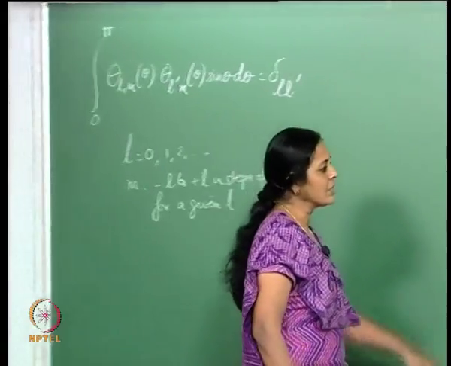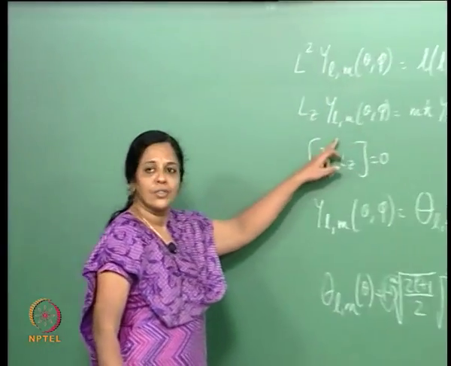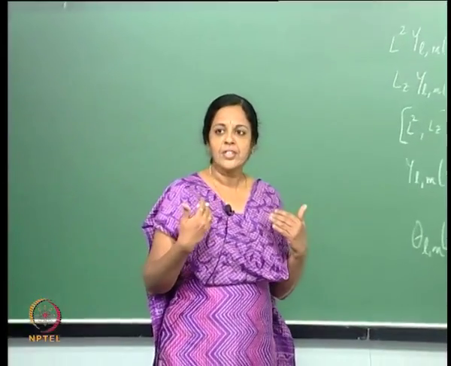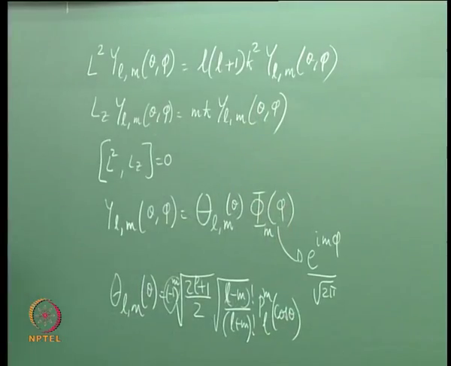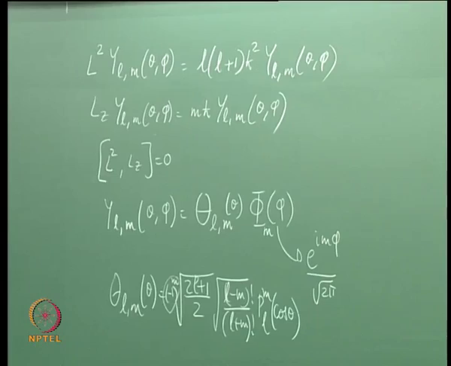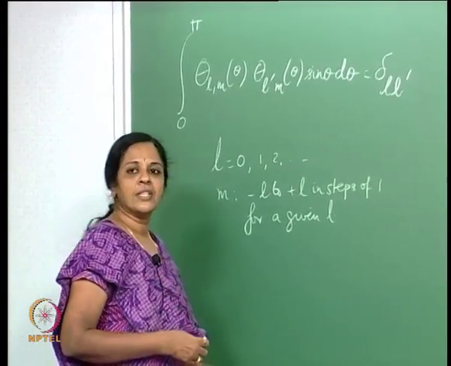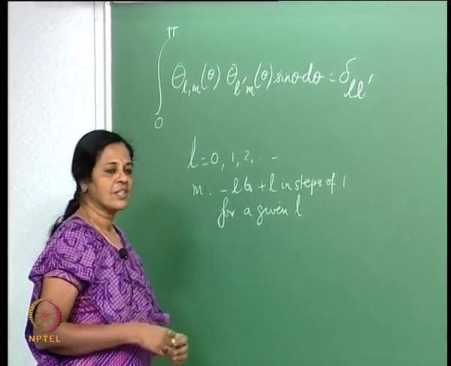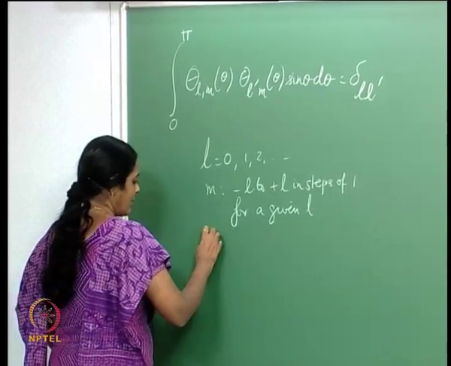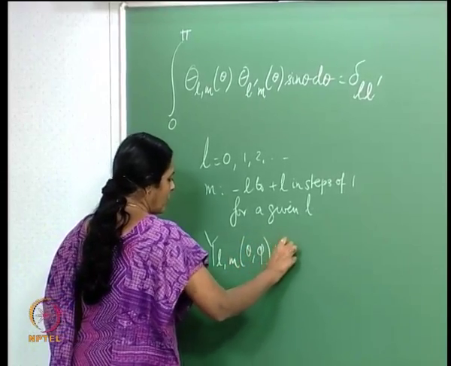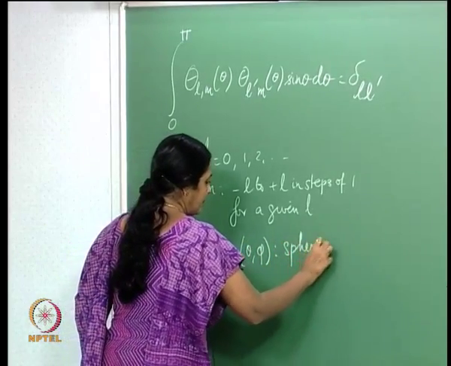And therefore, this is a complete set of wave functions that you have, and these are the various values that L and m can take. So Y_L^m of theta, phi is a very important angular set of wave functions. They are called the spherical harmonics.